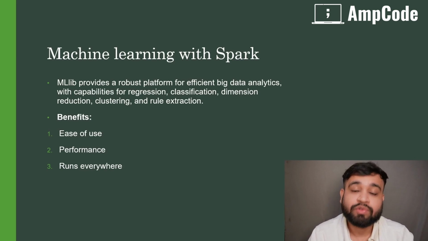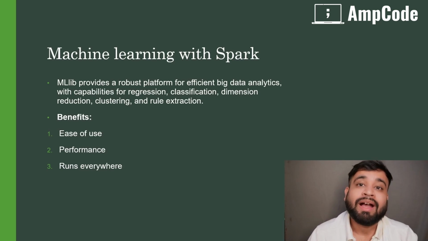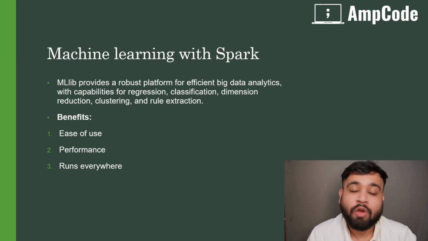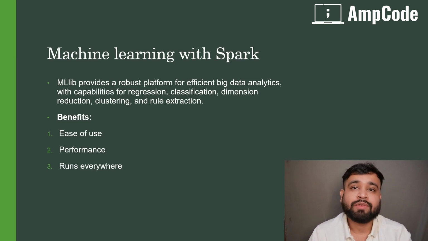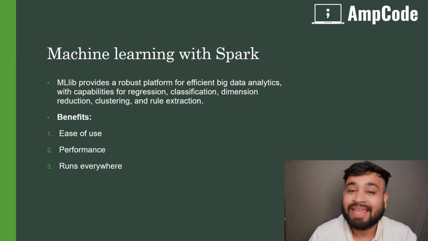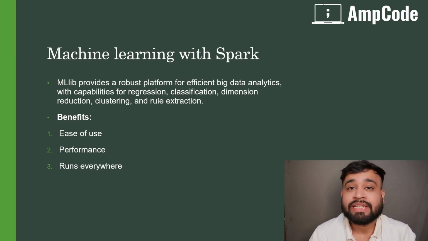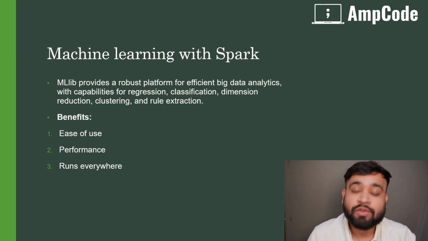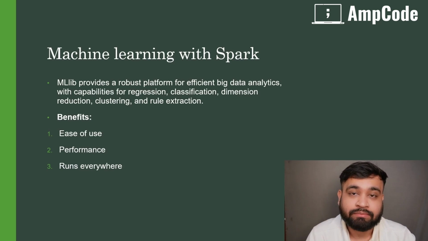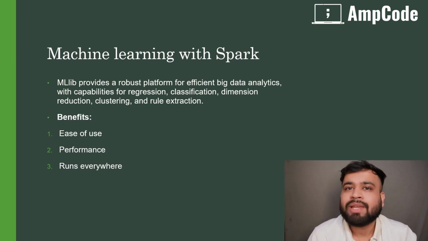You can use all sorts of best optimization techniques to again boost the performance of your application. You can use caching and persisting strategies as well, and as you already know, the Catalyst Optimizer will give you a more optimized execution plan for your application. So that's why using the MLlib library rather than any other tool is the way to go.